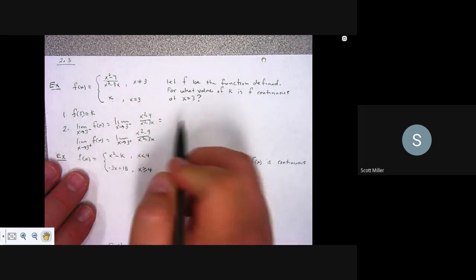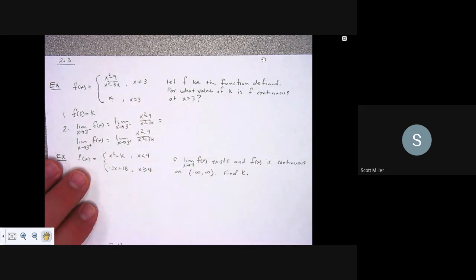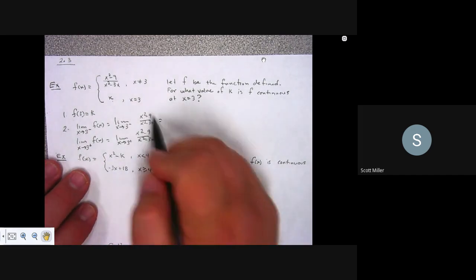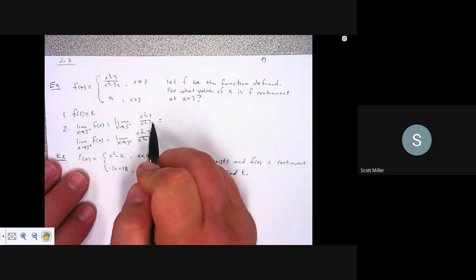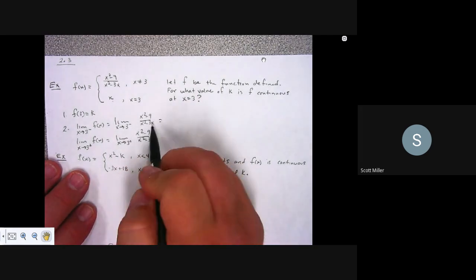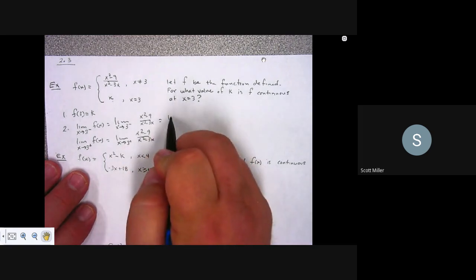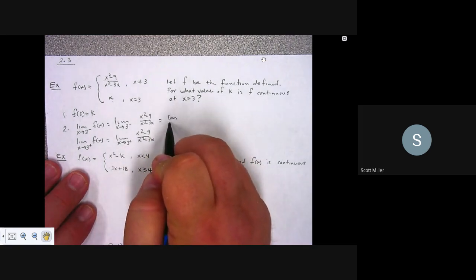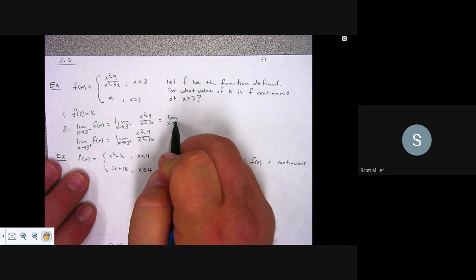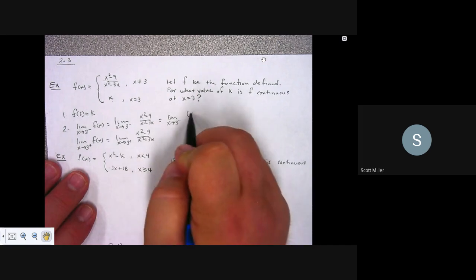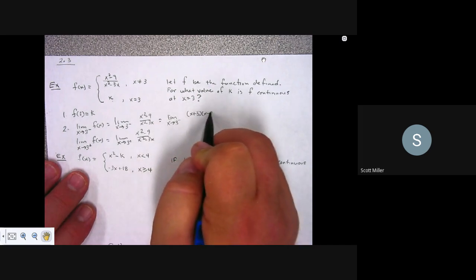So let's do the top one, and we'll use our factoring technique to modify this, because if you plug in 3 on the bottom, you're going to get 3 squared minus 3 squared, which is 0. So we cannot do that. We can't plug in. So I'm going to factor and see if I can reduce some things. The top is going to become (x plus 3)(x minus 3).